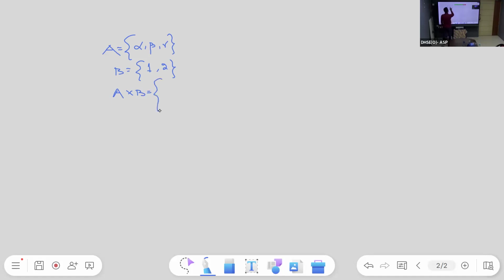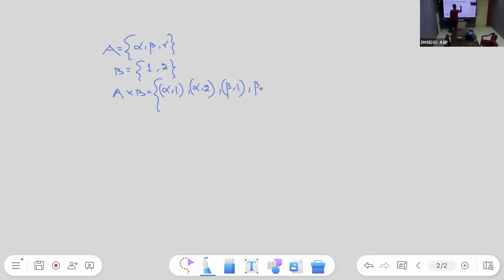Note it down: (alpha, 1), (alpha, 2). Similarly, taking beta as the first component, we will have the ordered pairs (beta, 1), (beta, 2). And taking gamma as the first component, we will have the ordered pairs (gamma, 1), (gamma, 2). Okay. This is called Cartesian product of sets.